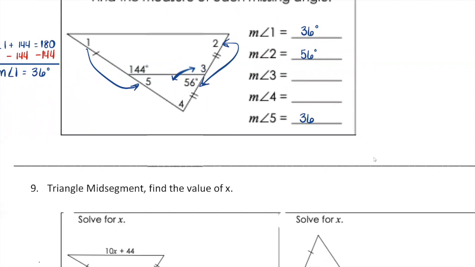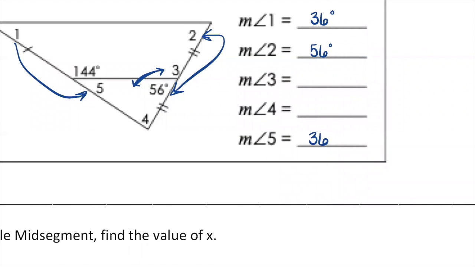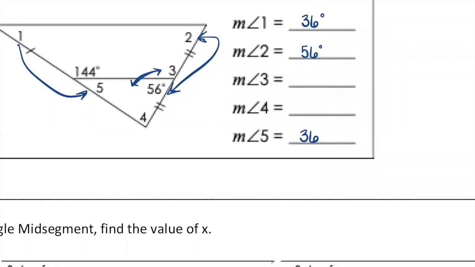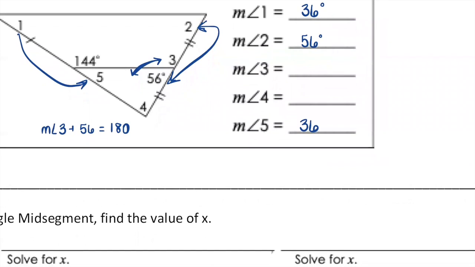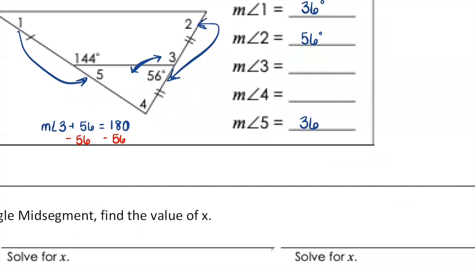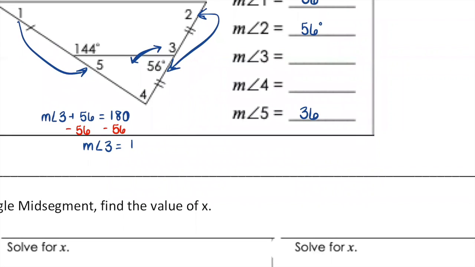So yeah, we can do our linear pair theorem and say the measure of angle 3 plus 56 equals 180. We could have also done same side interior and got the same thing. So subtract 56 from both sides. Angle 3 is 124.